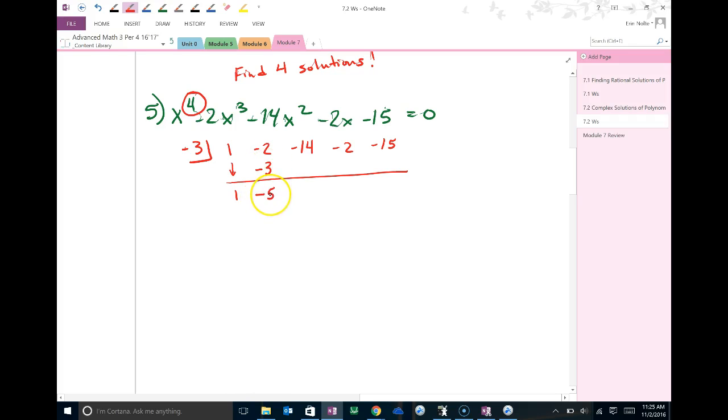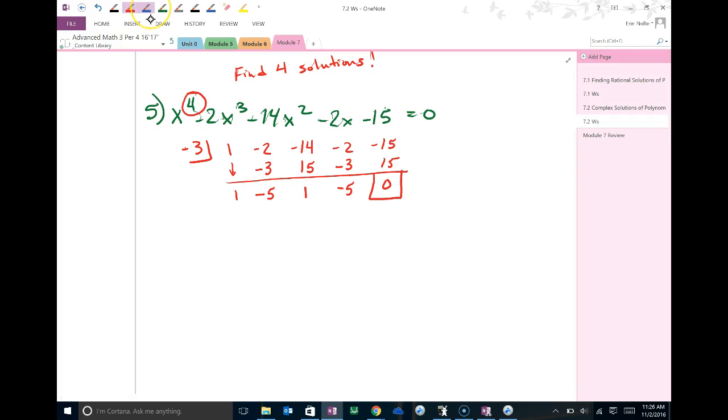Negative 5. Negative 5 times negative 3. Negative 14 plus 15. 1 times negative 3. Negative 2 plus negative 3. And negative 5 times negative 3. So remainder? Beautiful. So negative 3 is definitely a solution to our equation.